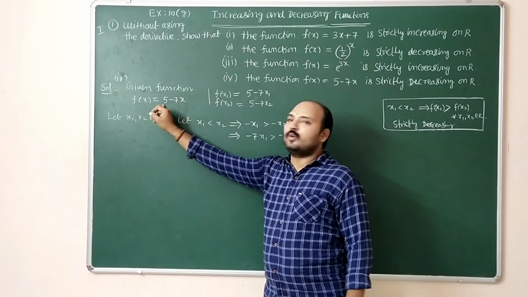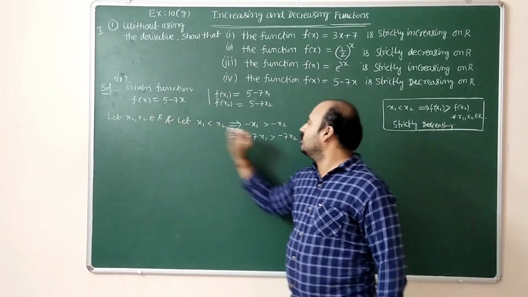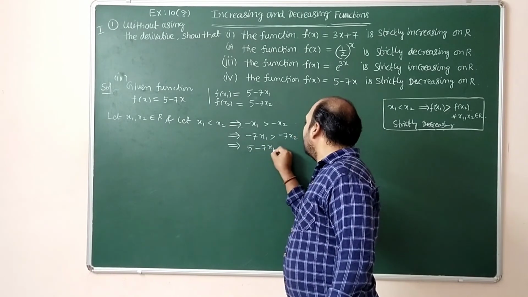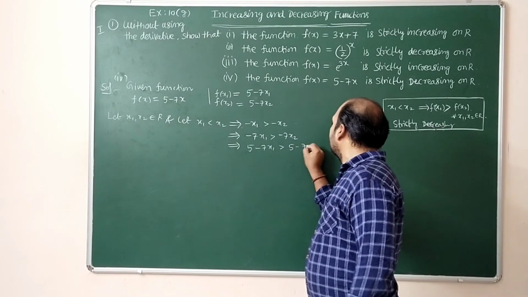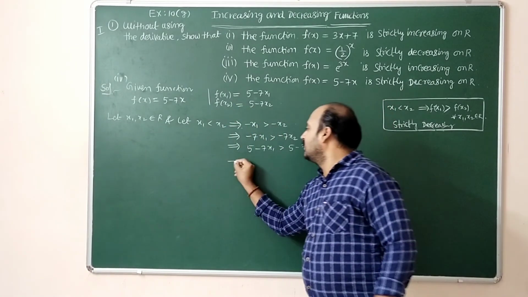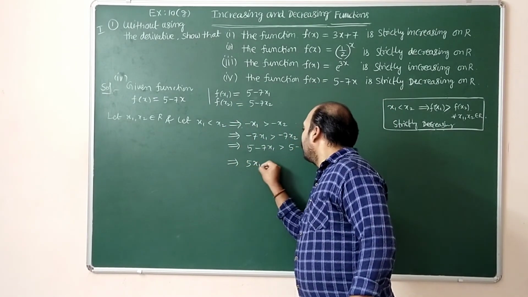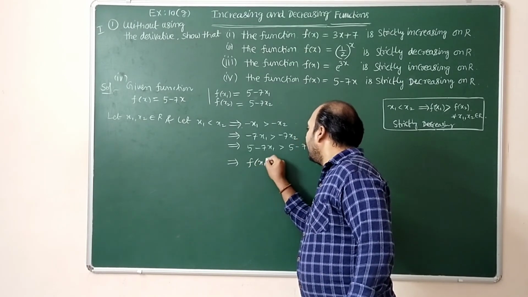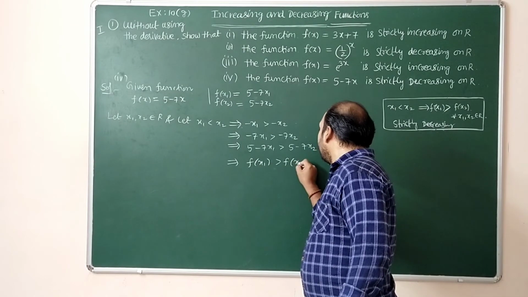After that, how much do you have to add to get the function? 5. So adding 5 on both sides, 5 minus 7x1 is greater than 5 minus 7x2. 5 minus 7x1 is equal to f of x1, so f of x1 is greater than f of x2.